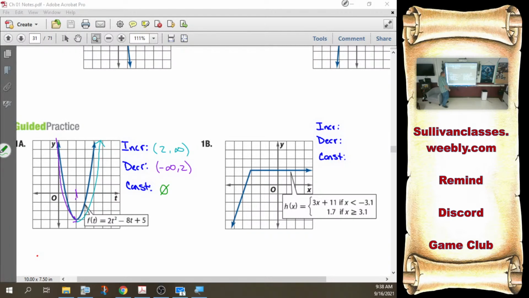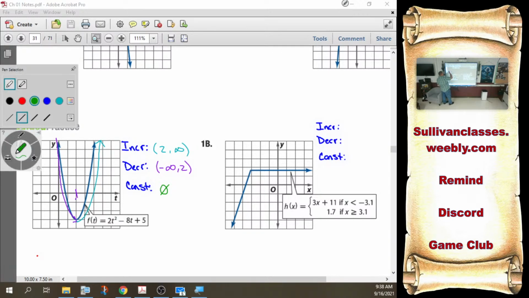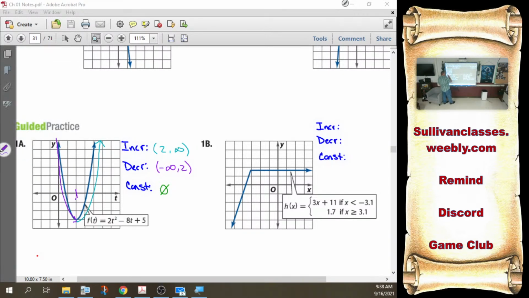Increase, decrease, and constant. As my x's increase, my y's are increasing as well from negative infinity. Now the instructions at the top say estimate to the nearest 0.5. I can get more accurate on this because where does it shift? That's supposed to be a negative.